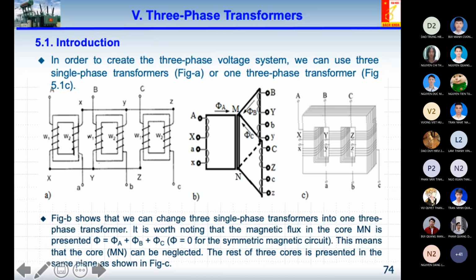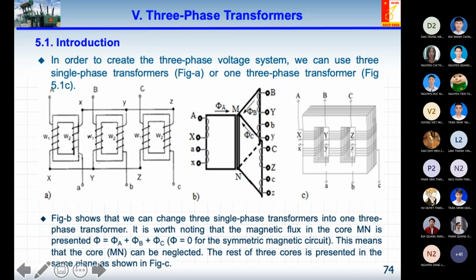It's very easy for you to recognize phase A, for example the primary winding, where the letters A and X are capital here, and the lowercase letters for the other winding. And of course phase B here, and phase C here.